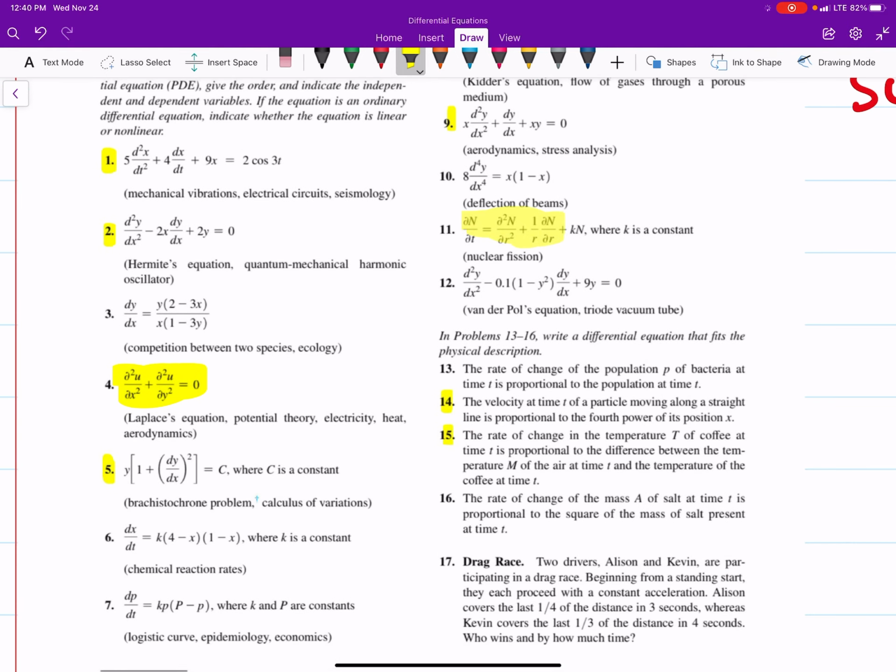Okay, its order is based on the power. Now, this is just a first order. Even though we're squaring, this isn't a second derivative. This is our derivative squared, so it's a little different. And then is it linear? Well, no, because you're going to get y plus y dy/dx squared equals c.